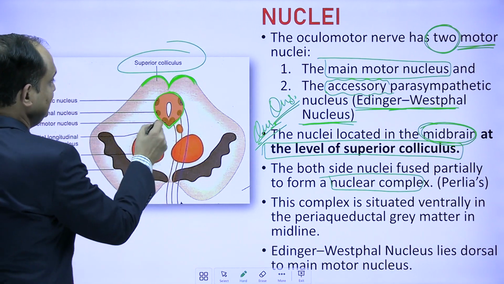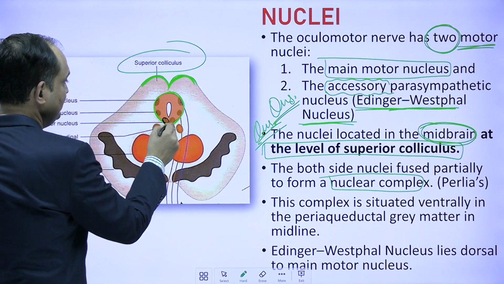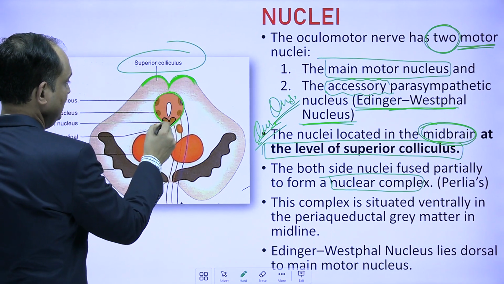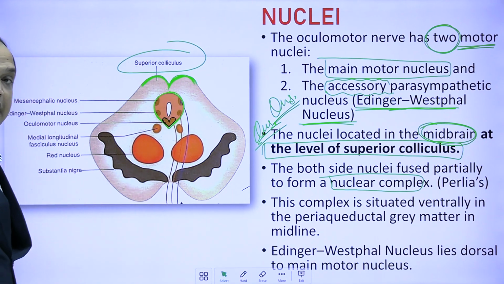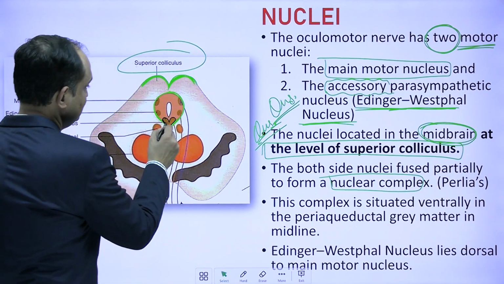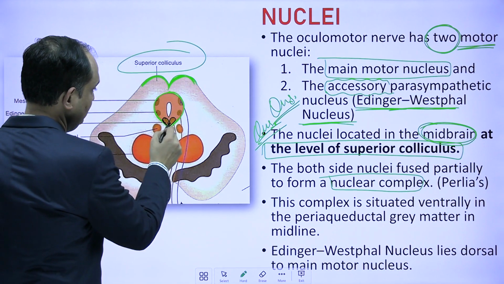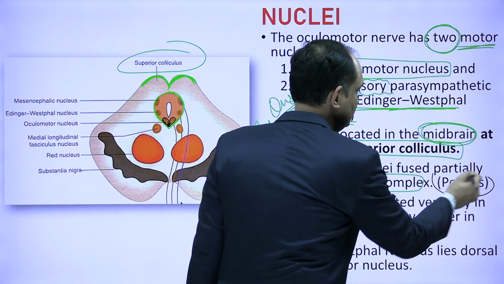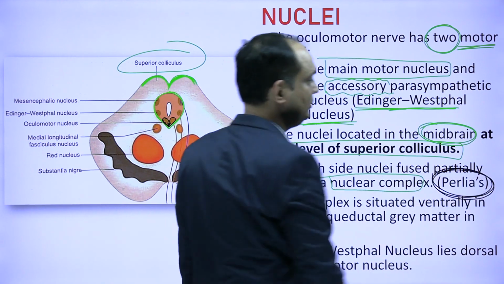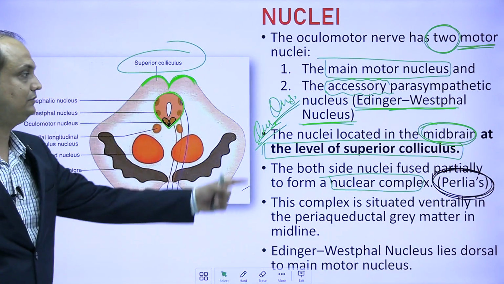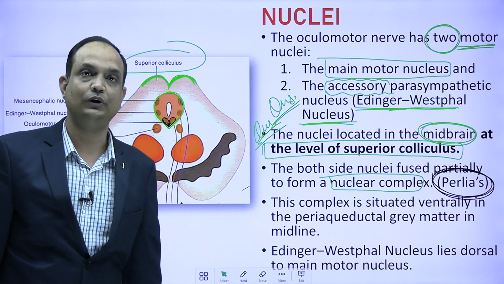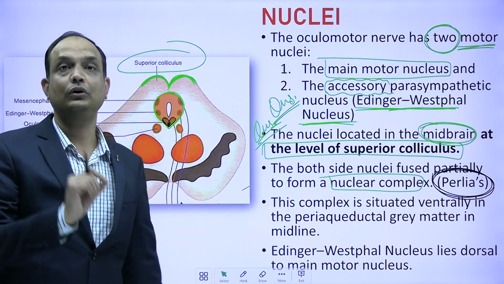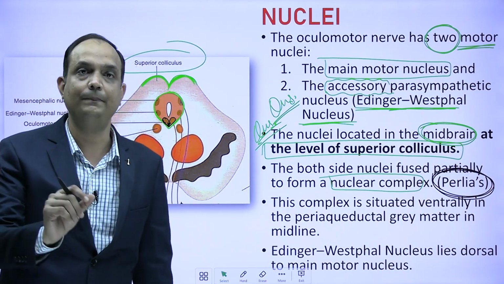Here you can see the motor nuclei, and the motor nuclei of both sides join together in a triangular form. The nuclei which join together are known as Perlia's oculomotor nuclear complex. Sometimes you get this question in your exam: what is Perlia's oculomotor nuclear complex?